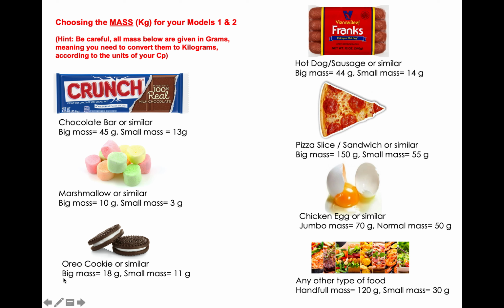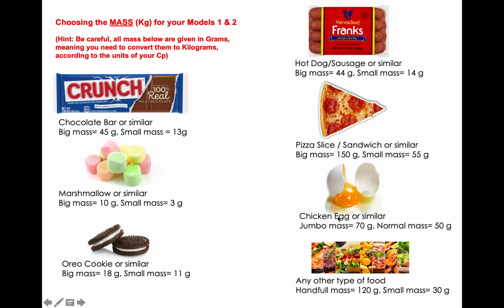Oreo cookies, the same. Big are the normal ones, the small ones are the mini Oreos. Hot dogs, again, the big is the normal one, and if you just use a piece of it, this is the amount that you will use. For pizza or sandwich or similar, if you use the whole piece of it, you use this mass, and if you use just a half of it or a small piece, this small mass.